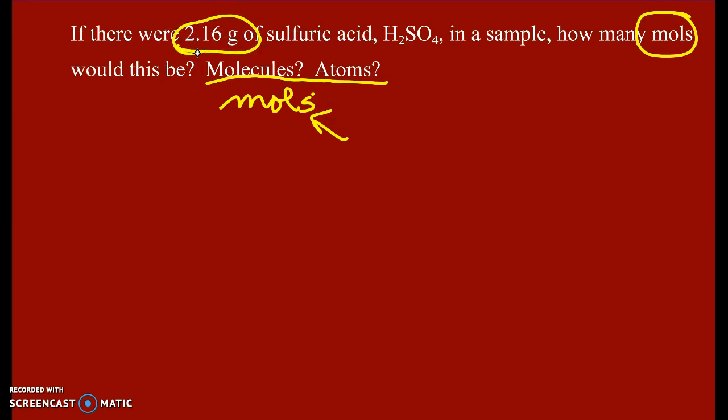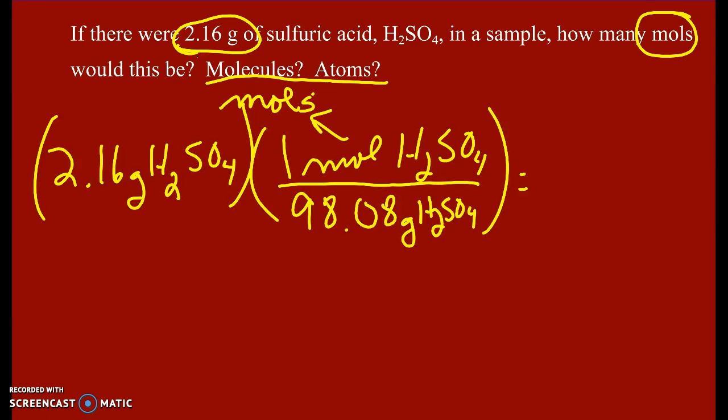So let me set it up for you. So 2.16 grams of sulfuric acid will be converted into moles. We've got our molar mass down here, because notice what happens. Grams cancel here and grams cancel here. I'm now in moles.